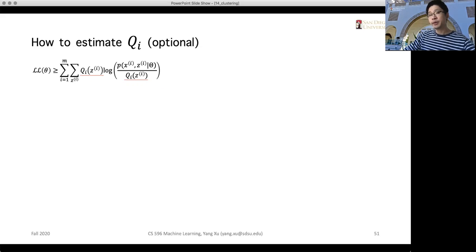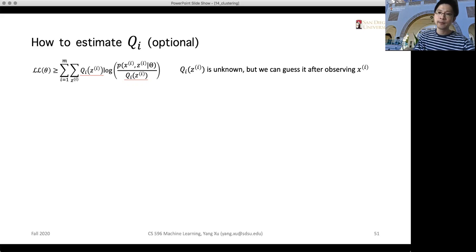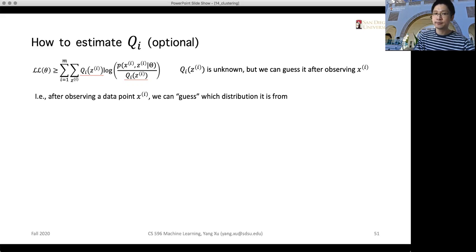Q is the probability of one data point belonging to one cluster. Say it is the probability of one data point being salmon or being tuna, right? It is the prior probability we want to estimate, and it is something we can guess after we observe the xi.